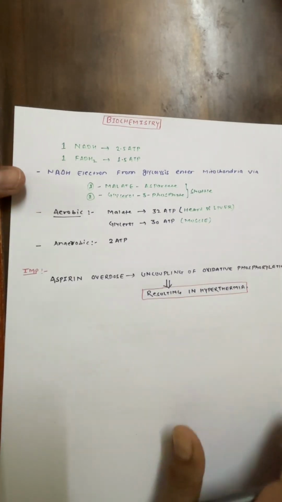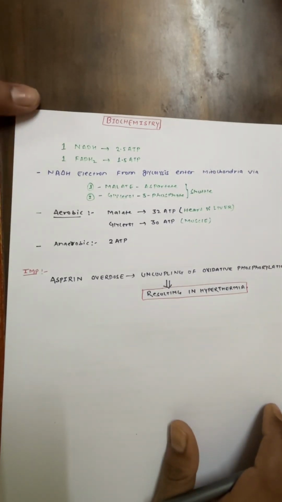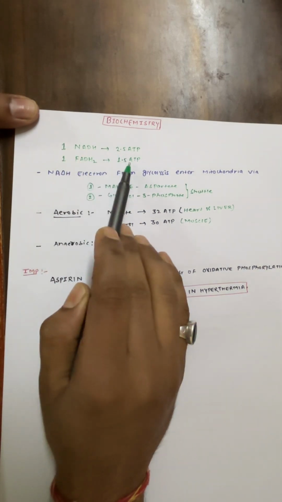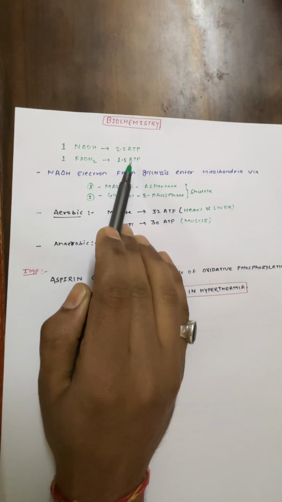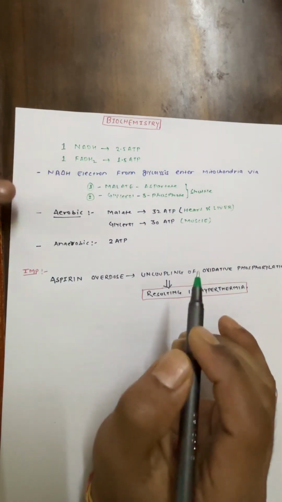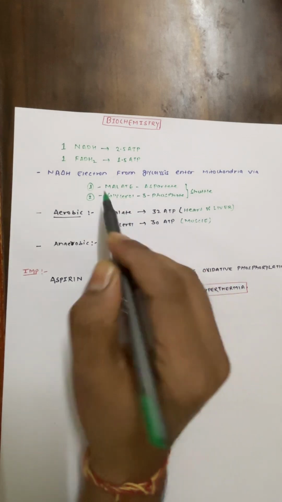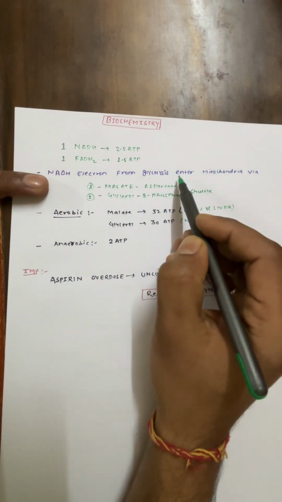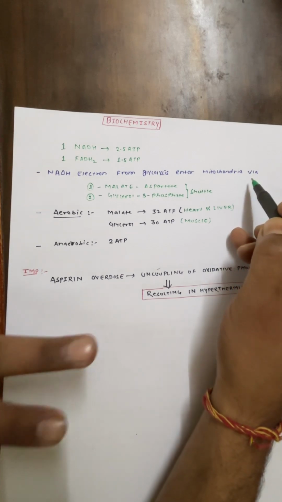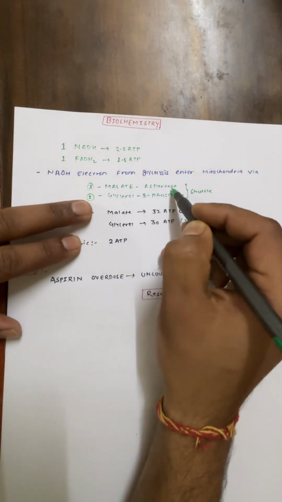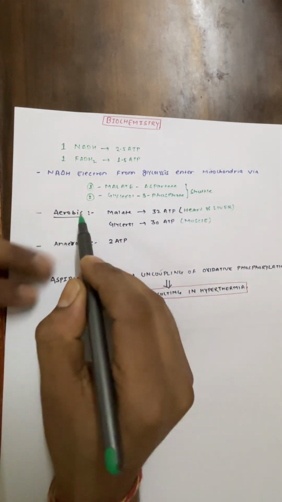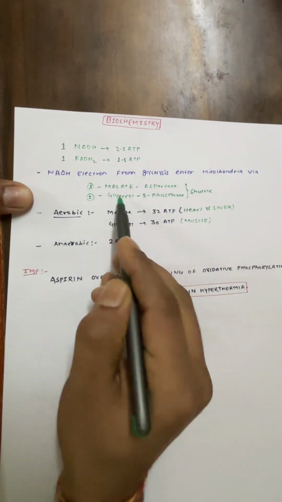Now this is the last part of oxidative phosphorylation. We all know that one NADH is equal to 2.5 ATP and one FADH2 is equal to 1.5 ATP. NADH electrons from glycolysis enter the mitochondria by two shuttles, one is the malate aspartate shuttle and one is the glycerol 3-phosphate shuttle. This happens in aerobic conditions.